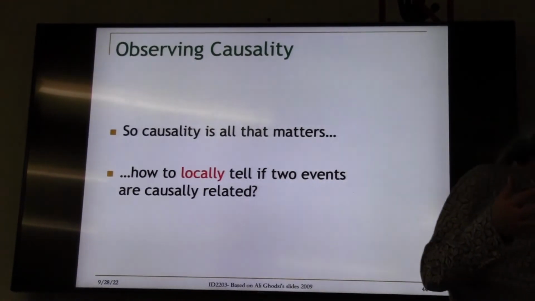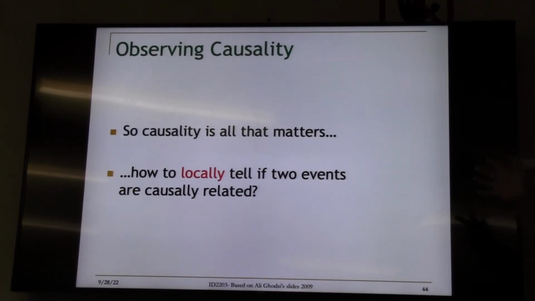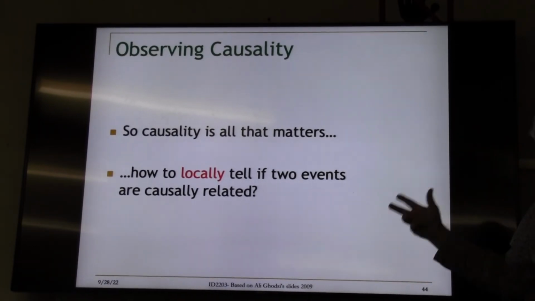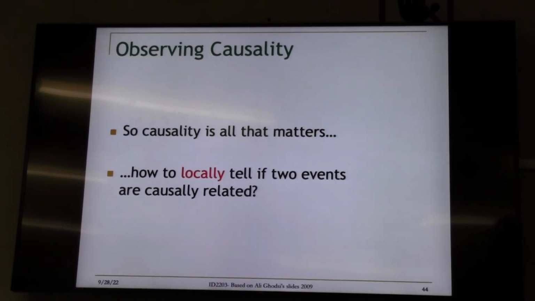If you want to go away from that, you have to do extra things. But by default, causality is all that matters. If the causality is different, things will change. If the causality is the same, things are the same.